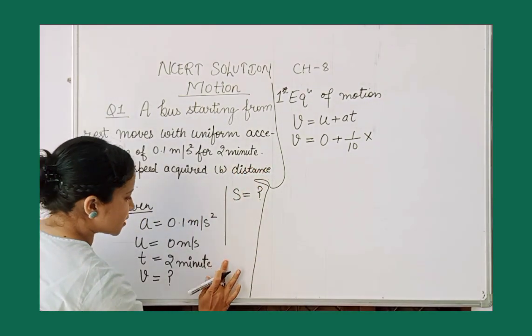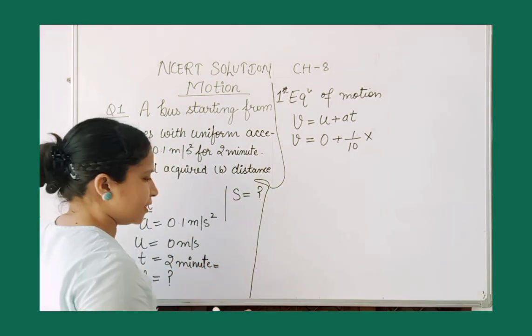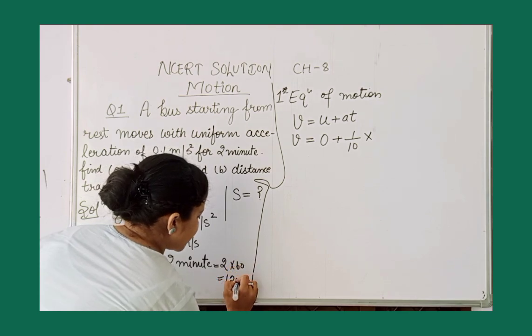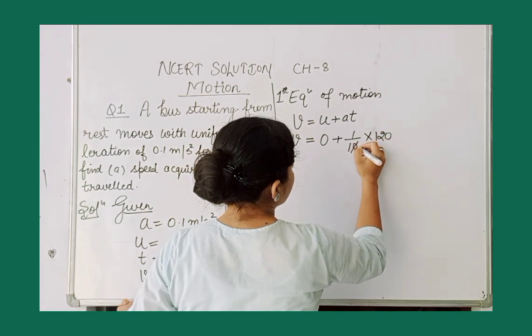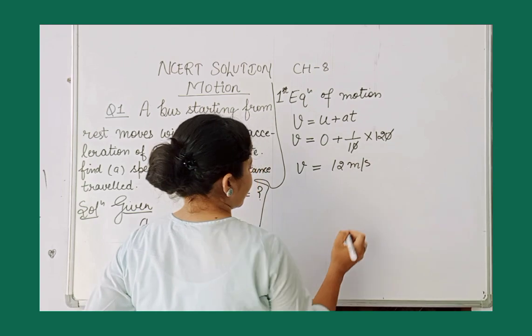So we will change this time period into seconds, as the SI unit of time is second. So 2 minutes multiplied by 60, that is 120 seconds. So v is equal to 12 meter per second.